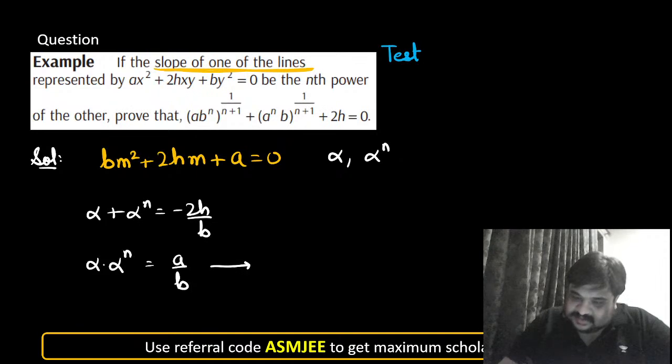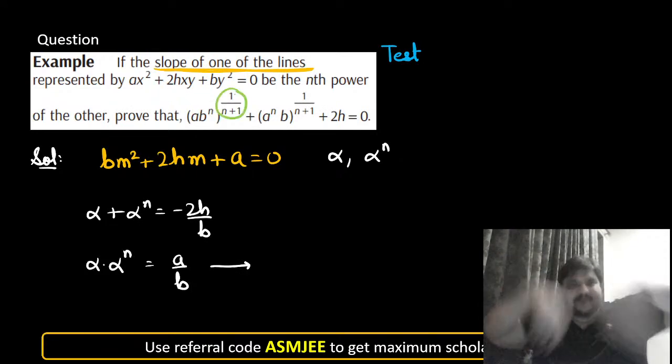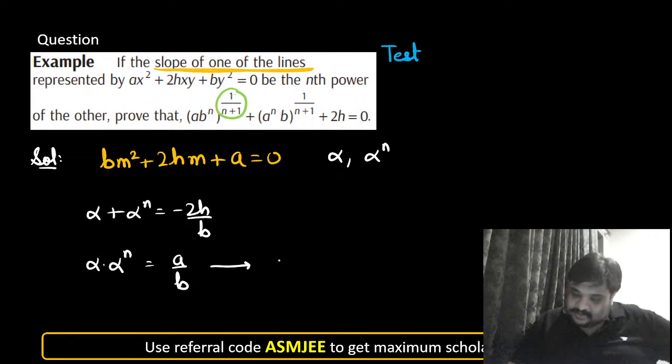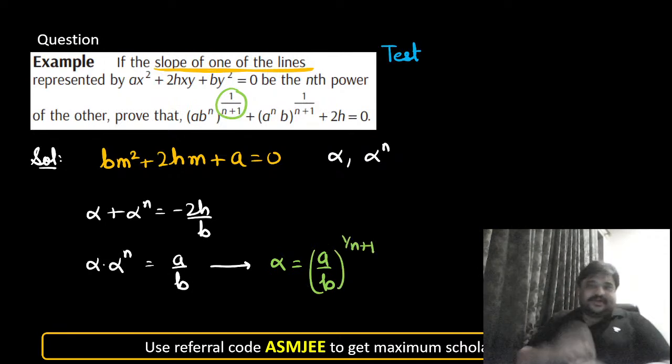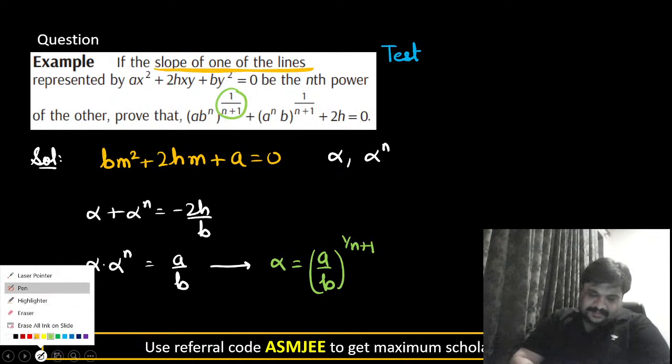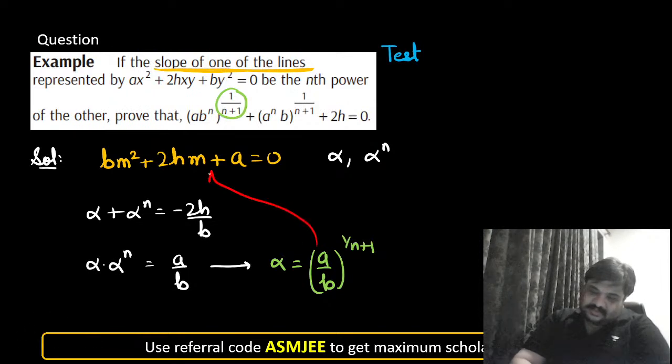What to do now? Since there is power 1 by n plus 1, it gives us the hint that we should take power 1 by n plus 1 somewhere. So alpha comes out to be a by b raised to power 1 by n plus 1. I got alpha now. What to do now? Simple. Alpha satisfies this. So let's put it here.